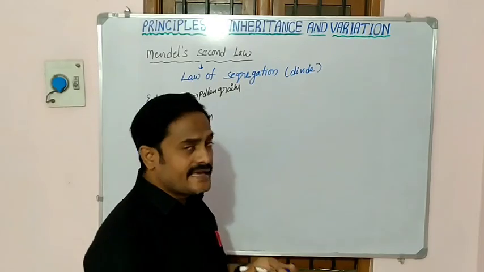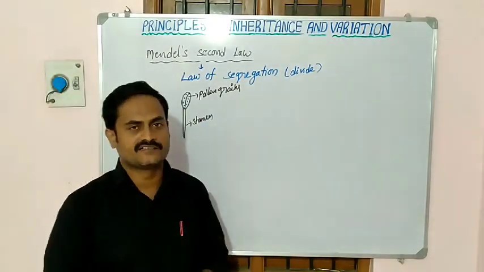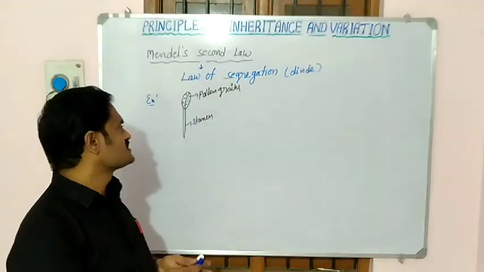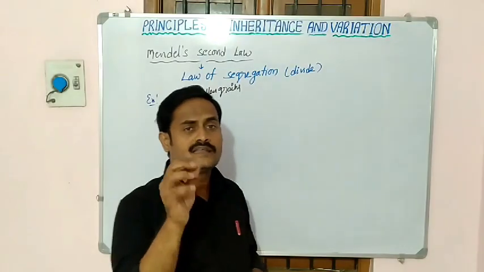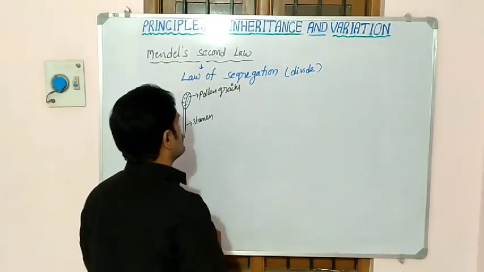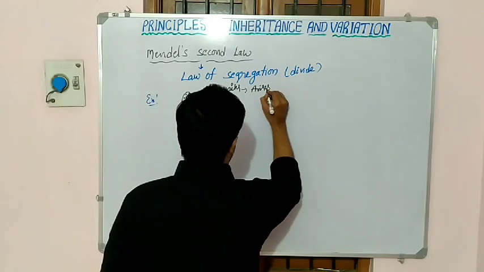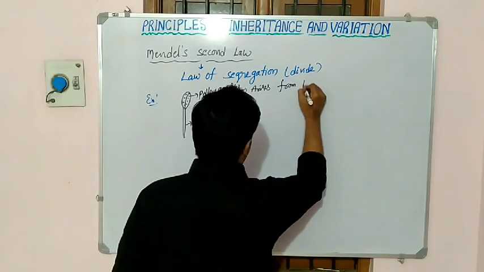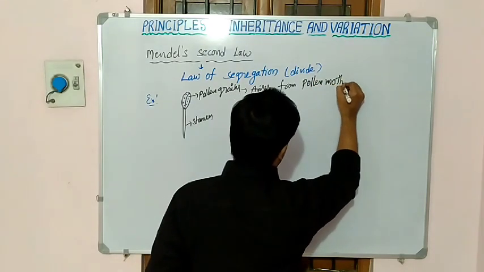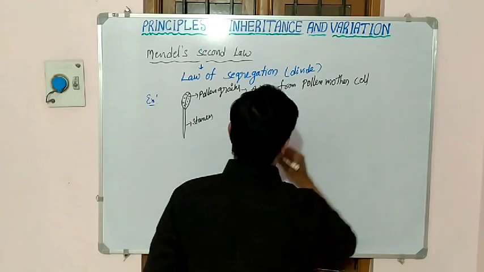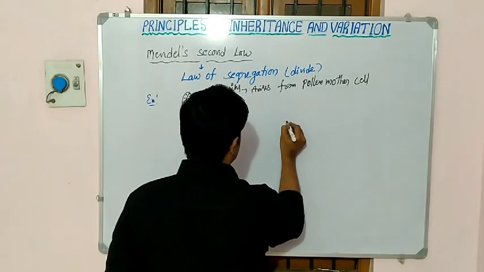See how the male cells or pollen grains are formed in the anther. They are formed from the pollen mother cell. Remember, the pollen grains arise from the pollen mother cell. Now I will draw a rough diagram for understanding purposes.